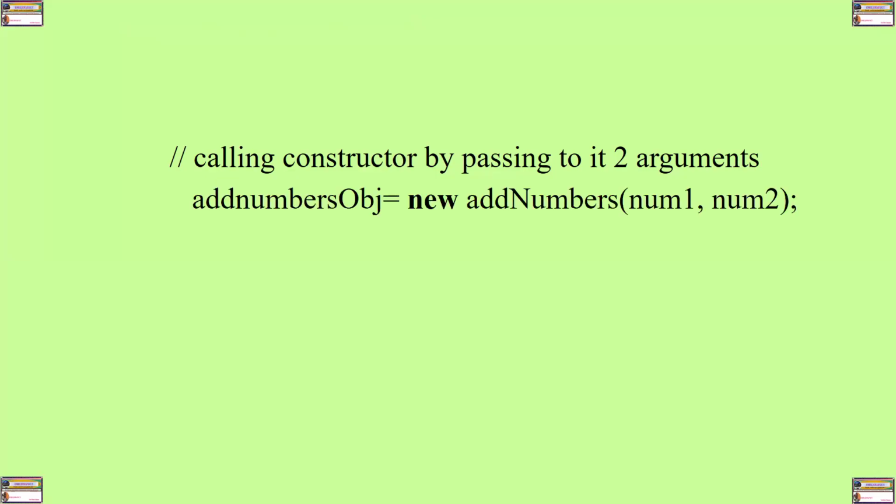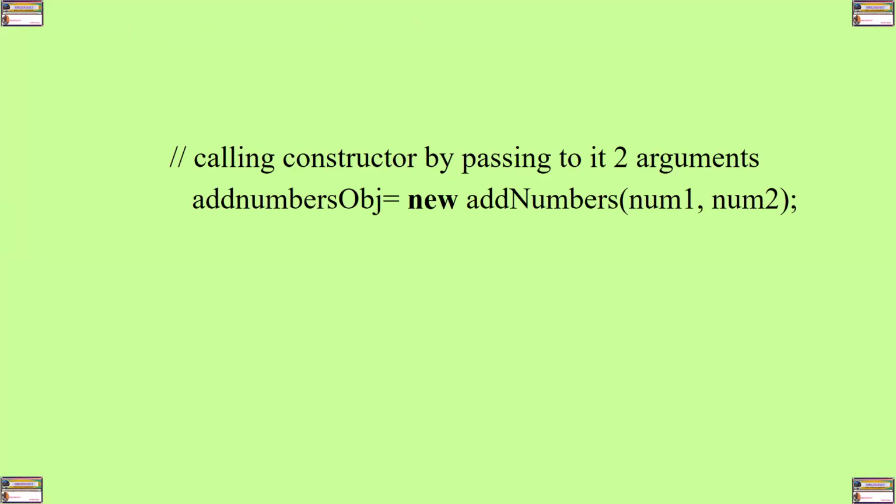How do you invoke that constructor? You invoke the constructor simply by defining an object called addNumbers of type addNumbers, and then we pass to it two arguments, that is num1 and num2.